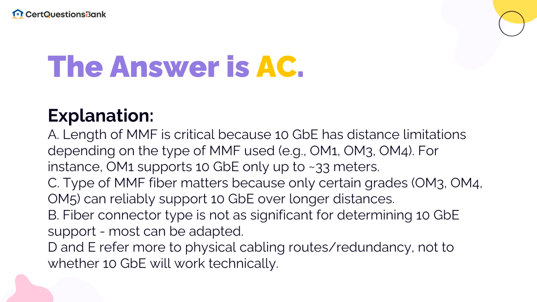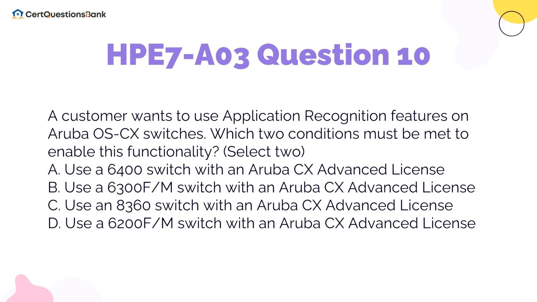A customer wants to use application recognition features on Aruba CX switches. Which two conditions must be met to enable this functionality? Select 2. A. Use a 6400 switch with an Aruba CX Advanced license.